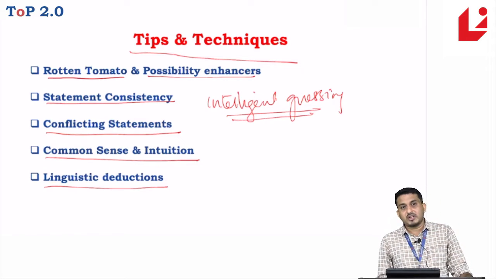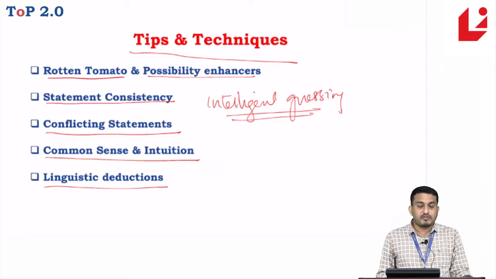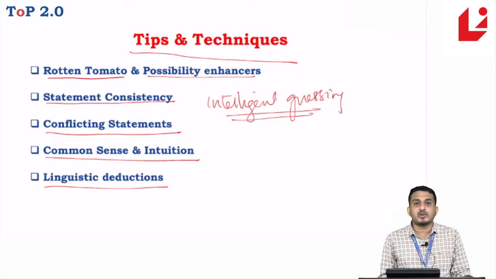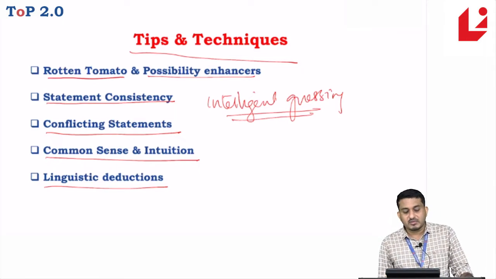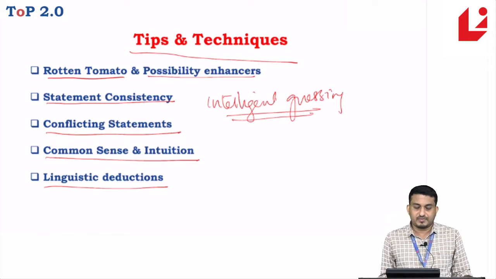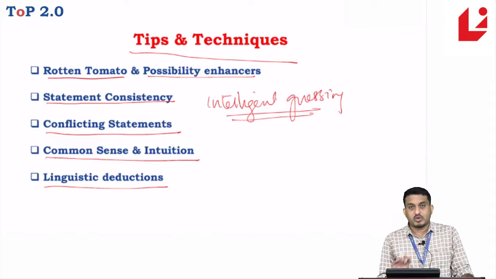Getting it? There is a very strong possibility that controversy arises, so the examiner will always try to avoid controversies by making sure that a particular statement is completely correct or completely wrong.